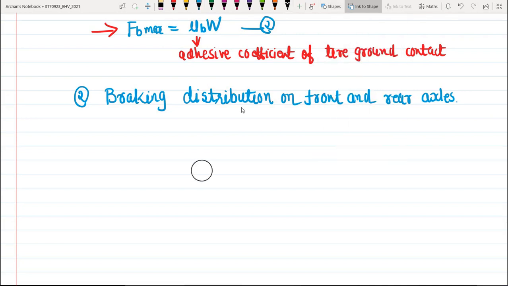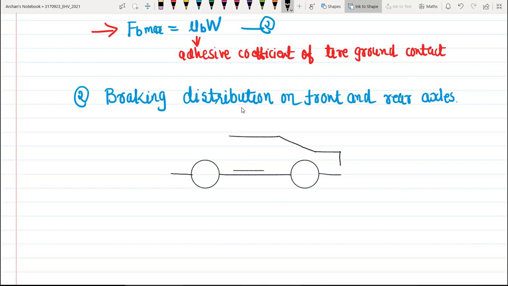Okay, so we will have one car once again. This is our distance. This is my car. Okay.